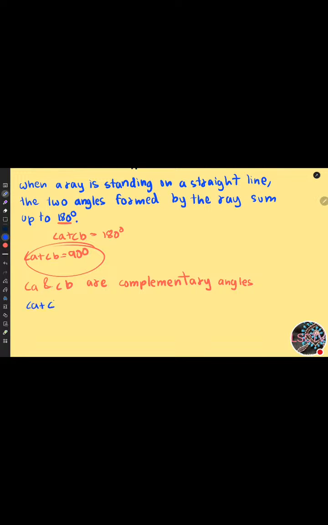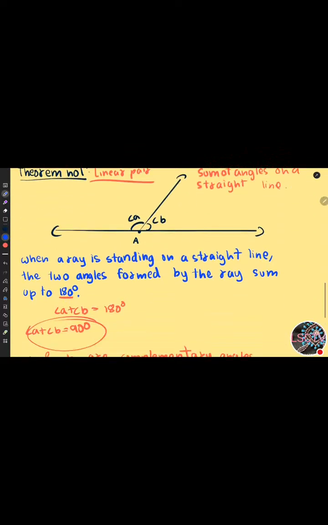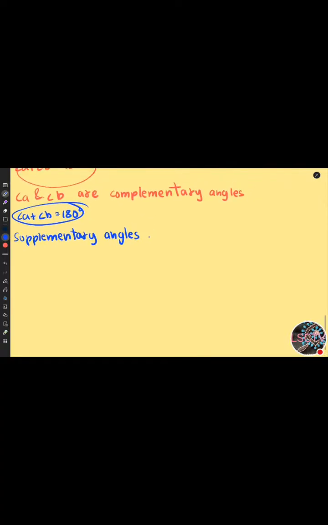If angle A plus angle B is equal to 180 degrees, they are supplementary angles. Okay, simple, easy. Understood?